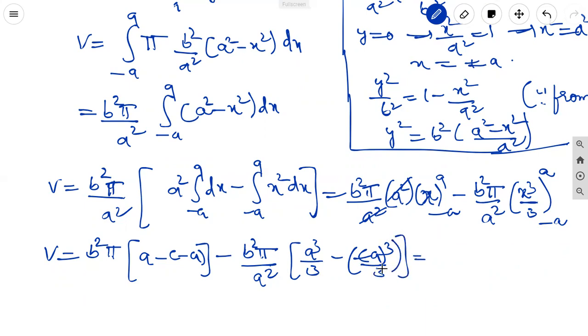That is equal to b squared pi a into 2a, minus b squared pi by a squared. Here taking LCM, 3 is the LCM, a cubed minus into minus plus a cubed, that is 2a cubed. Cube and square cancel.